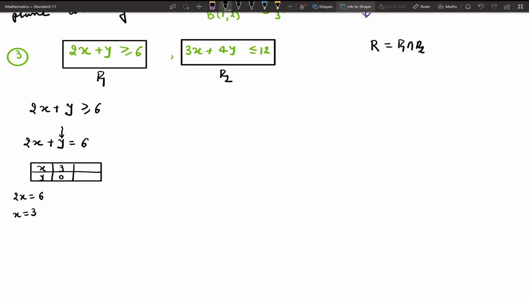So one point of the line is P 3 comma 0. Next we take a point on the y-axis, then the x coordinate is 0, so the y coordinate will be 6. So another point of the line is 0, 6. You can note that both points satisfy the given equation 2x plus y equal to 6.